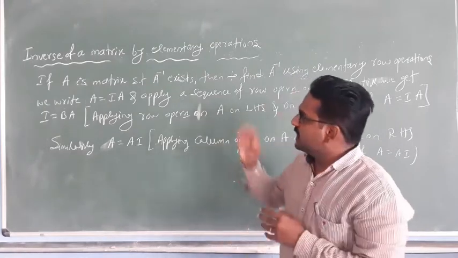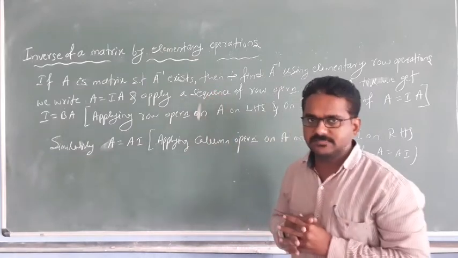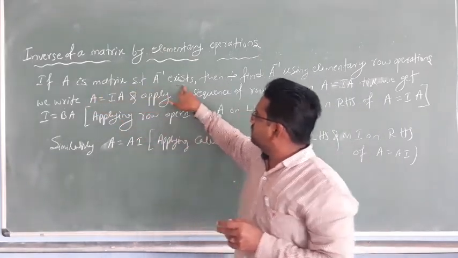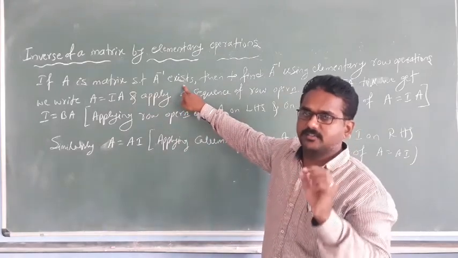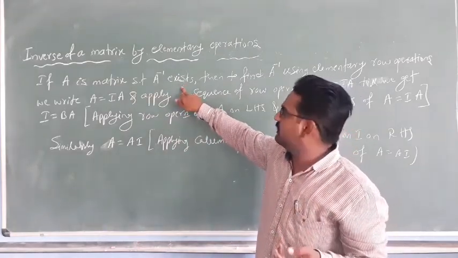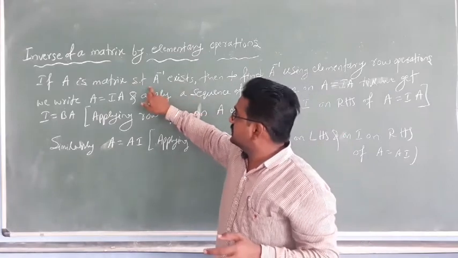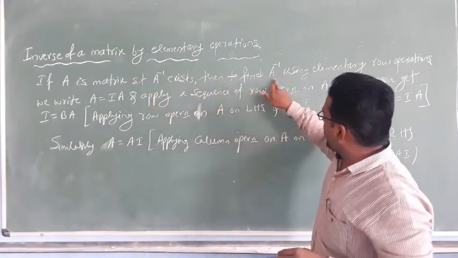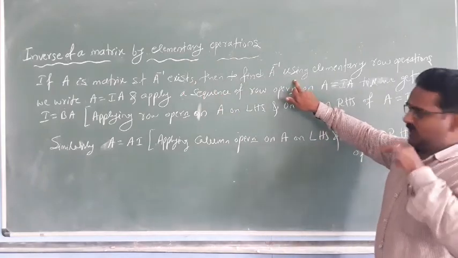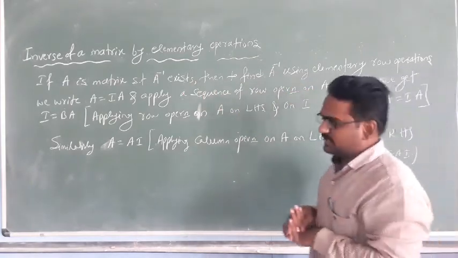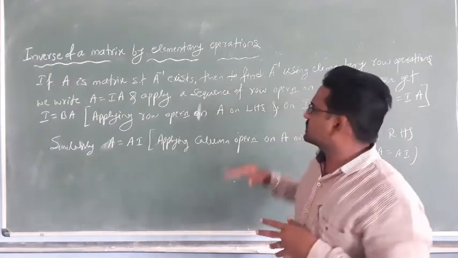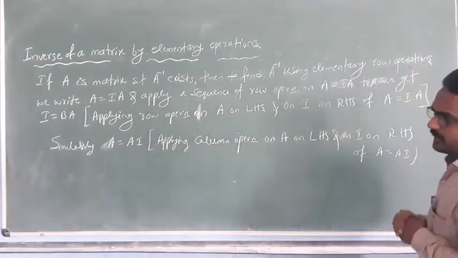If A is a matrix such that A inverse exists, then to find A inverse using elementary operations, you can apply row operations or column operations. First I mention using row operations.